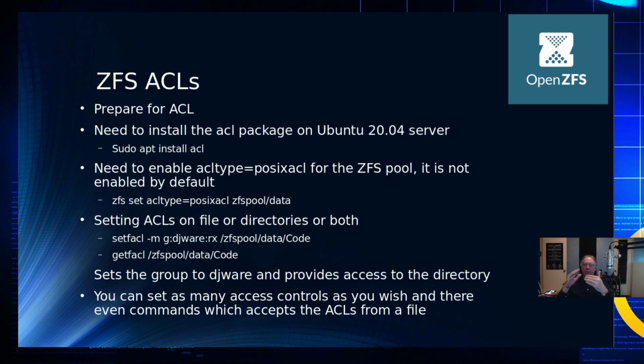And just remember, back when we talked before, that any options you set cascade down. There is an option called acltype, and you'll want to set that to posixacl for the ZFS pool or the ZFS dataset. It is not enabled by default, so if you want to use ACLs, you have to turn them on.